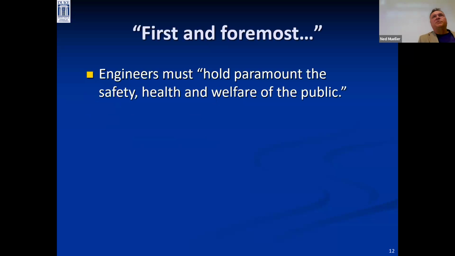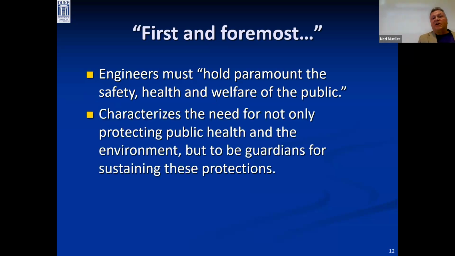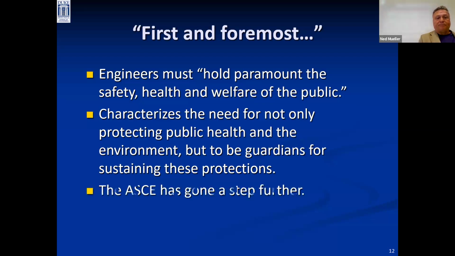So first and foremost, I want to take us back to ASCE and the code of ethics. All of you, I'm sure, have heard the engineers must hold paramount the safety, health, and welfare of the public. That's been around since I've been involved in it in the 70s and before that. But this does characterize the need for protecting the public health, but also to be guardians for sustainability, sustaining protections into time with time.